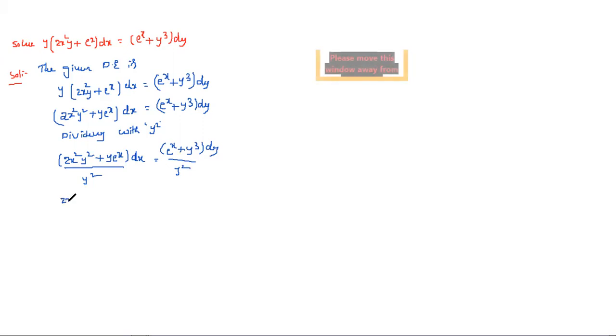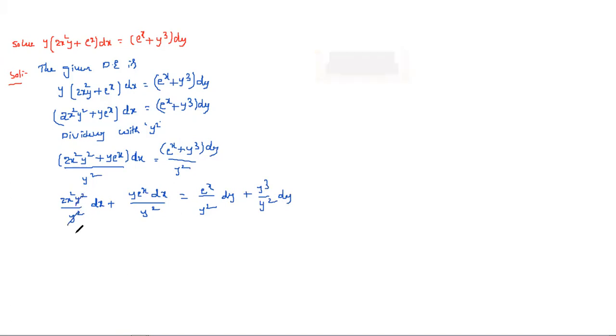If you separate the terms, what will we get? 2x² y² by y² into dx plus y eˣ dx by y². And next, eˣ by y² into dy plus y³ by y² into dy.